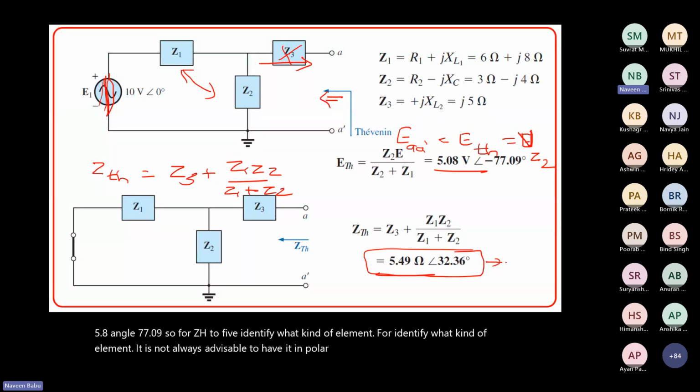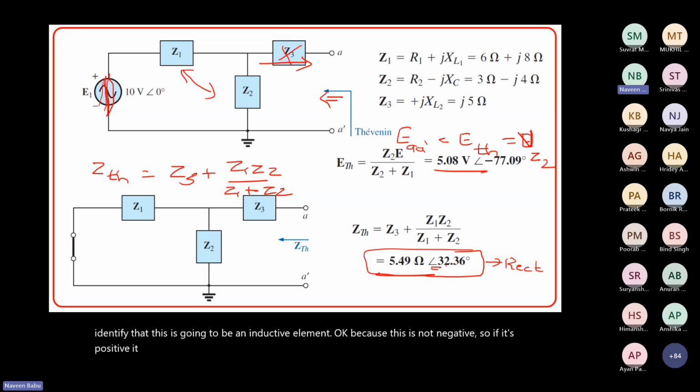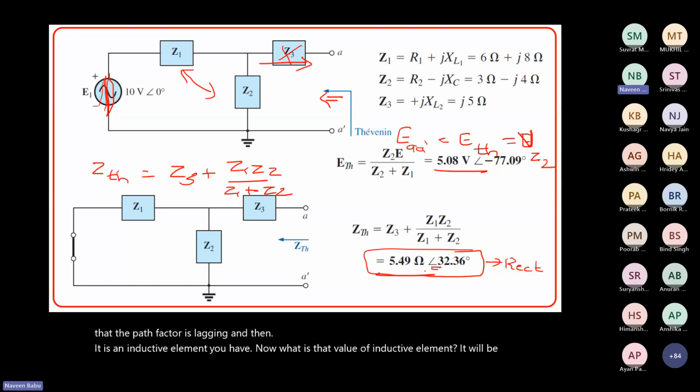So convert this into rectangular form so that you can identify what kind of element this is. From the angle itself, you can identify that this is going to be an inductive element, because this is not negative. If it's positive, it means that the power factor is lagging, and then it is an inductive element. Now, what is the value of the inductive element? It will be identified only if you convert this into rectangular.